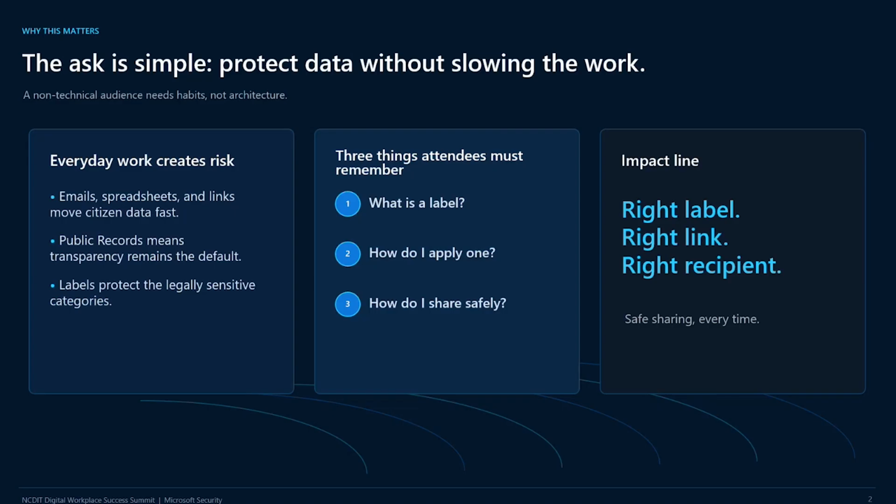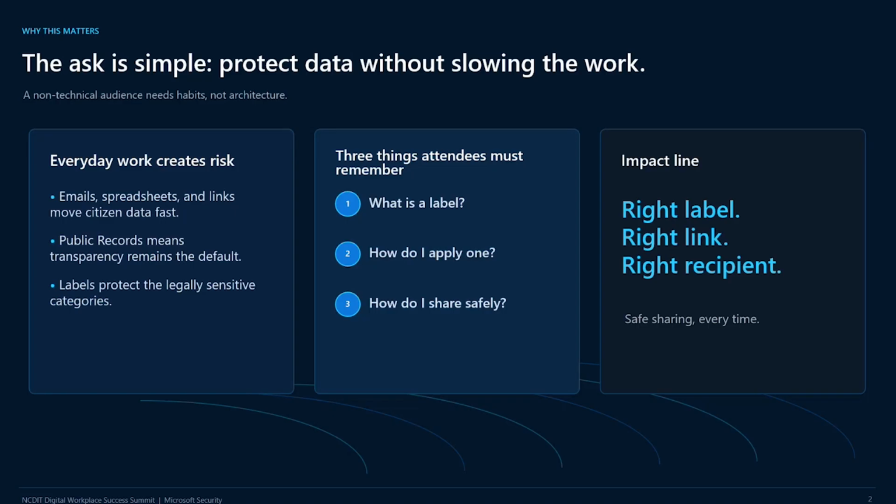What we want is to give you a repeatable habit that you can use within your Outlook, within your Office files, and within SharePoint. The whole goal here is that transparency remains the default for state work. These labels help separate routine public information from legally sensitive or regulated data that needs extra protection and handling.